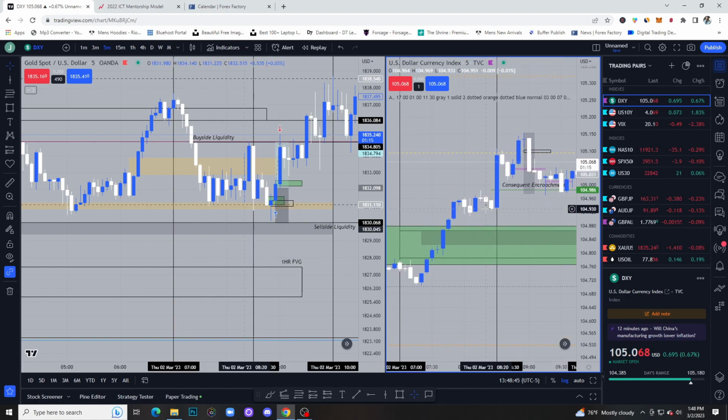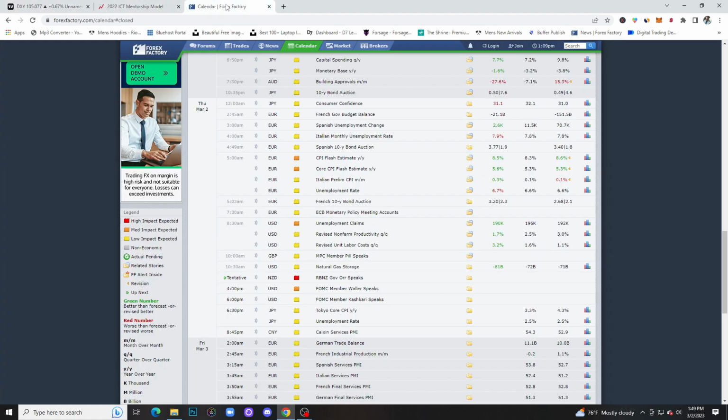Also, I have the 8:30 time marked right here because I wanted to show you what happened exactly at 8:30. Pay attention to the 8:30 candle open on the dollar and the 8:30 candle open on gold. At 8:30 a.m., unemployment claims came out.